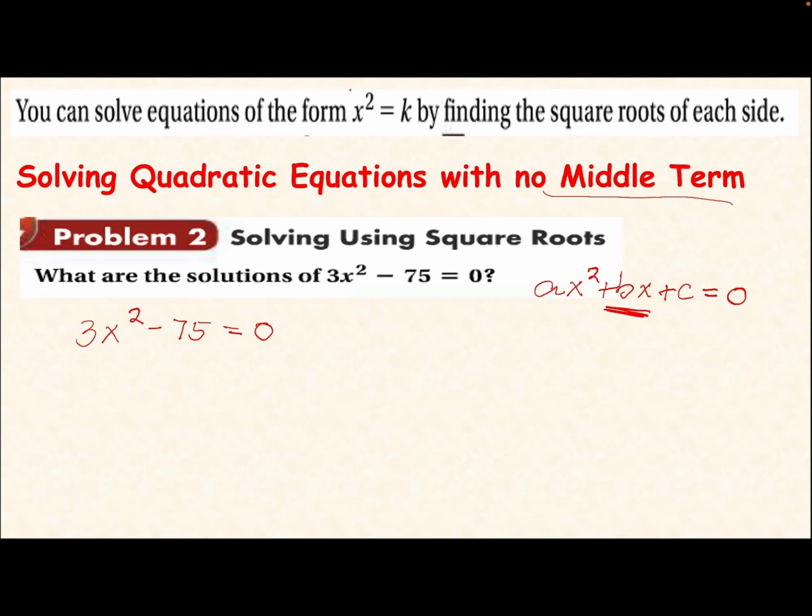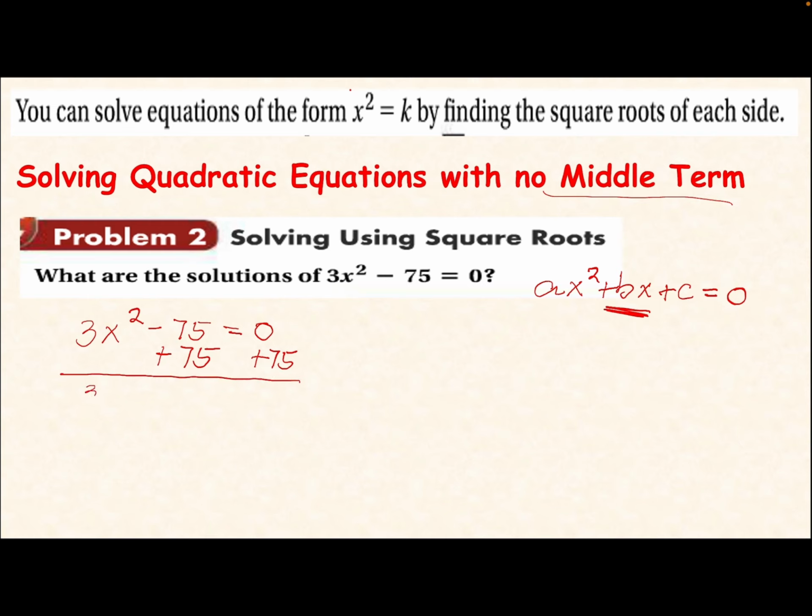By extracting the square root. First, we move negative 75 to the other side of the equation. We need the opposite, which is positive 75, so we write positive 75 on both sides of the equation.